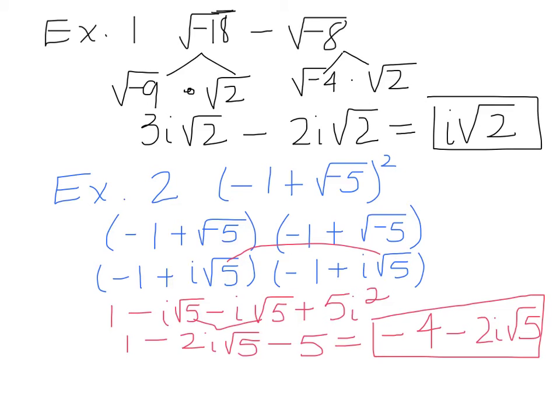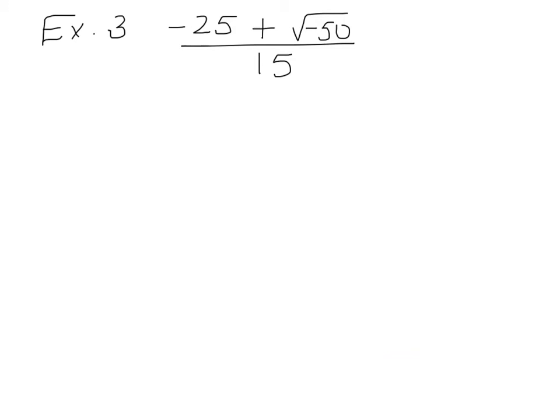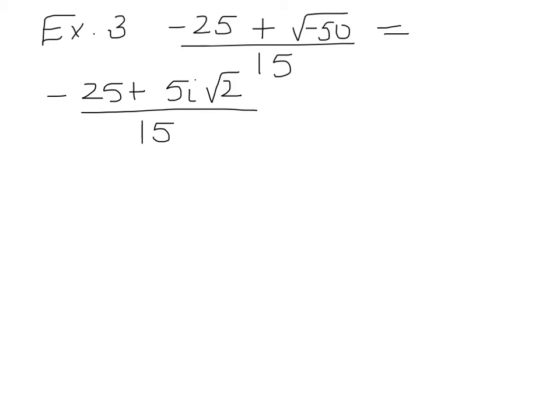Okay, now let's try another one. Okay, on this one, I'm going to simplify the top first. So that'll be 5i radical 2 over 15. And then we will split it up so it's in standard form.